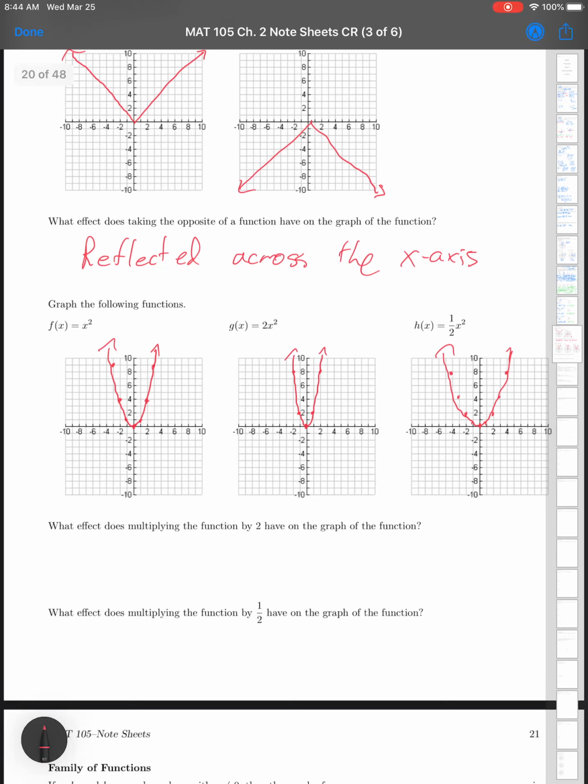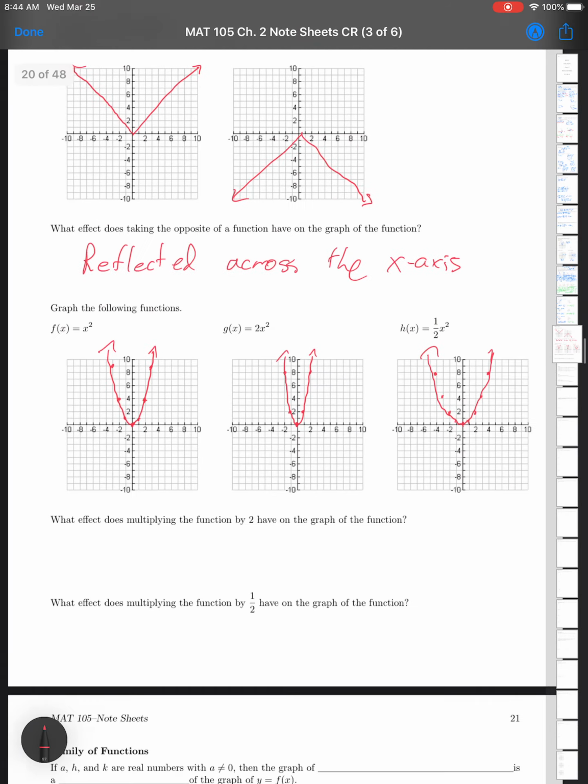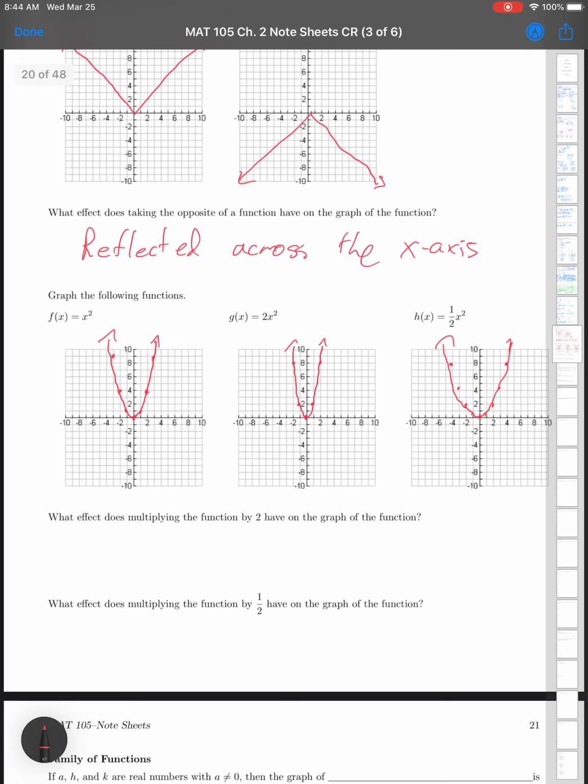And then if we multiply by a number out in front that's positive, we have a different effect. What it does is it changes the y values by that value. So it either stretches it or shrinks it by that value. So if we multiply by 2, then that's going to stretch the graph vertically.